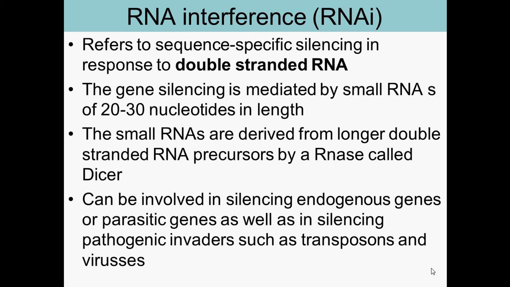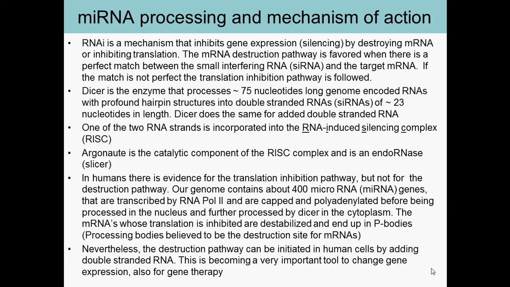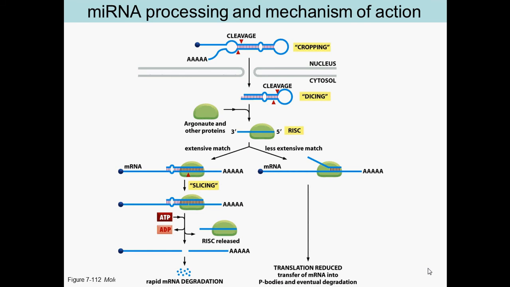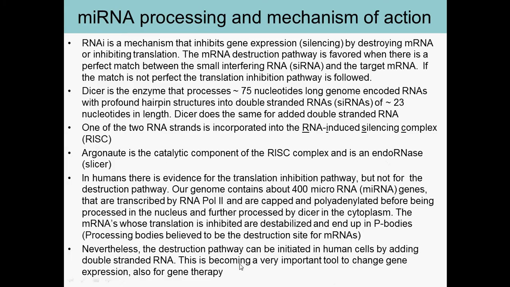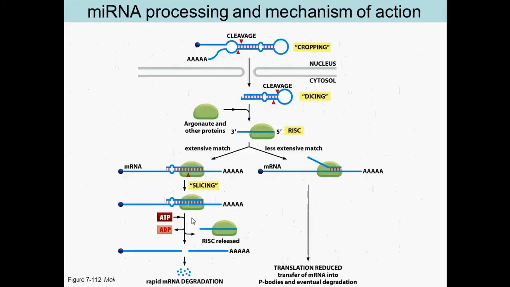Yeah, so the previous thing I was talking about was from here, and this is the picture of what I was talking about. So you have the microRNA in the nucleus that has a strong hairpin formation. It has a cap and a poly A tail, and then it's going to come out.